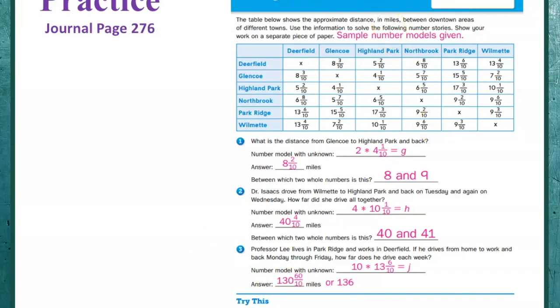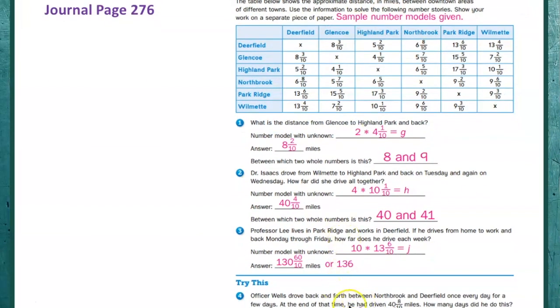Try this. If you tried this down here, it says Officer Wells drove back and forth between Northbrook and Deerfield once every day for a few days. At the end of that time, he had driven 40 and 8 tenths of a mile. How many days did he do this? You're almost working backwards on this. So your number model would be T times 6 and 8 tenths, because it's 6 and 8 tenths from Northbrook to Deerfield.